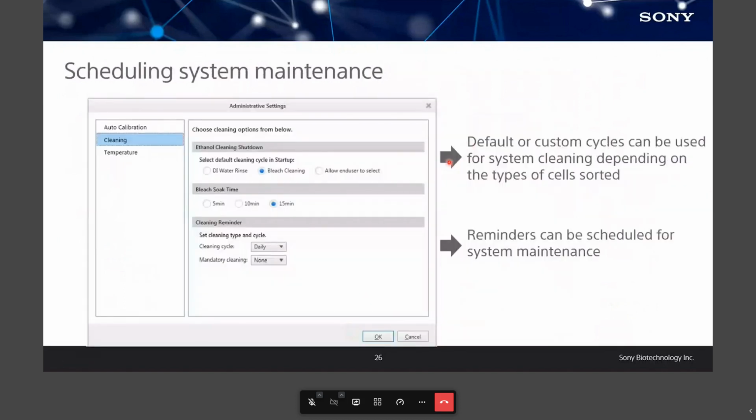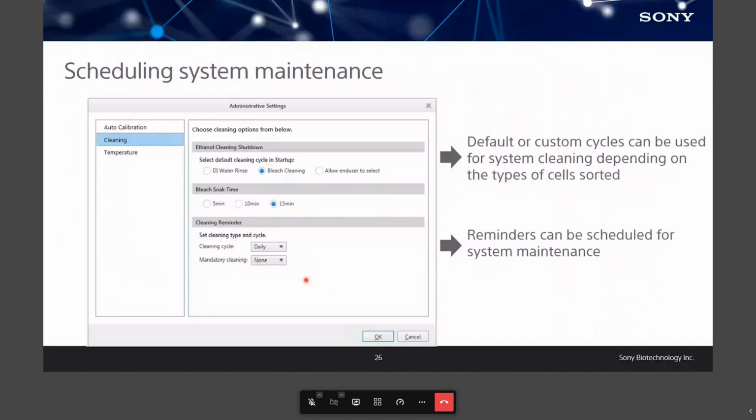In addition to having guided workflows, you can also customize them. So if you log in as the administrator, you have the ability to customize what is done during these protocols. For instance, how long is the bleach soak? Do you want to have an additional bleach cleaning or DI water rinse? And then you can also set reminders for these. So oftentimes, if you have a busy core lab or you have a multi-user environment where there's not one person responsible for overseeing the instrument, having some kind of reminder there to ensure that those are being done at a regular interval so that the instrument is being well maintained and cleaned is very helpful.